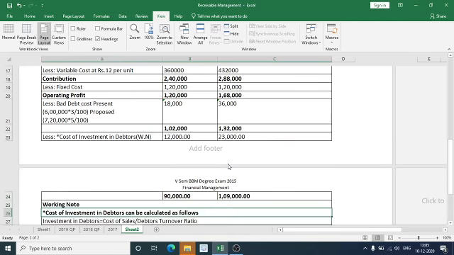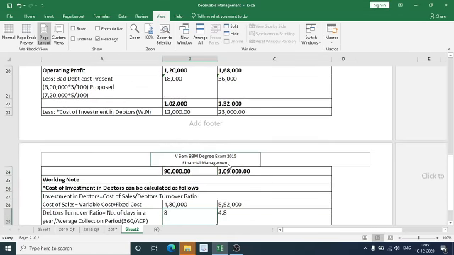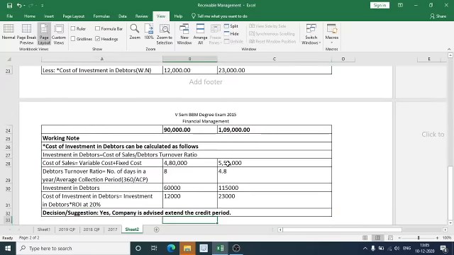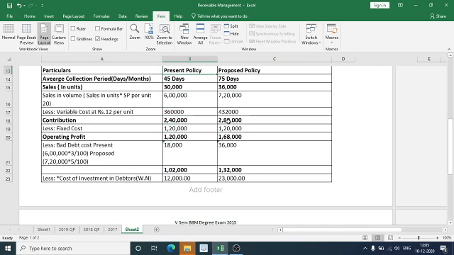How did we arrive at that? So, the calculation for the cost of investment in debtors. First there is a need to calculate the investment in debtors. The formula is cost of sales upon debtors turnover ratio. Cost of sales is calculated by adding variable and fixed cost, which we already calculated.